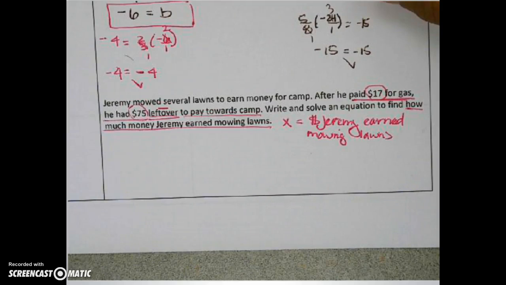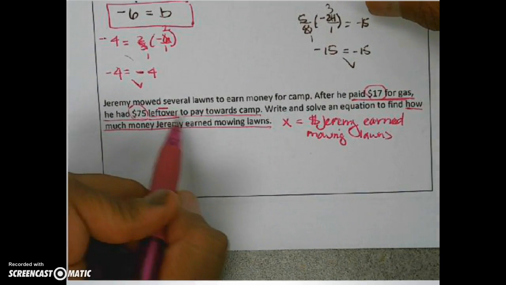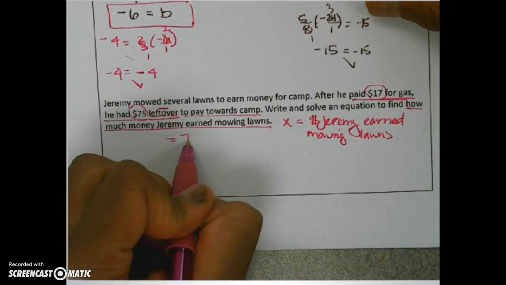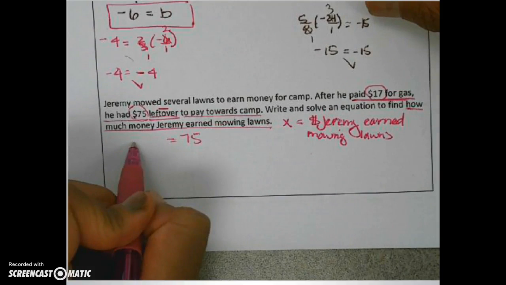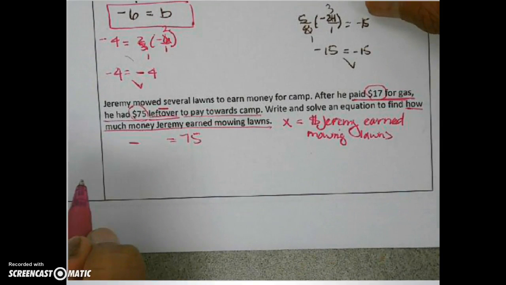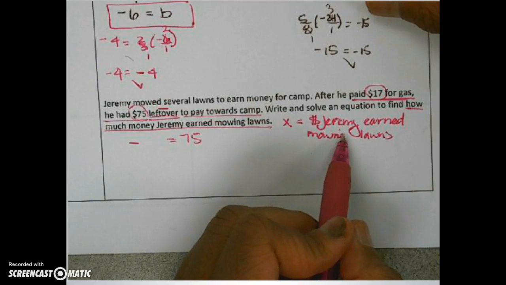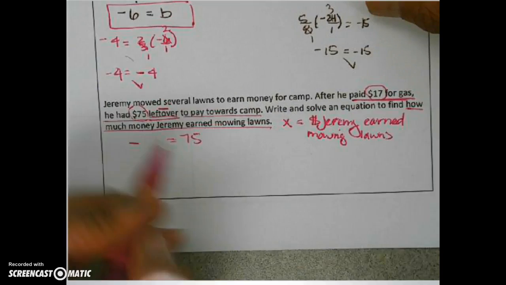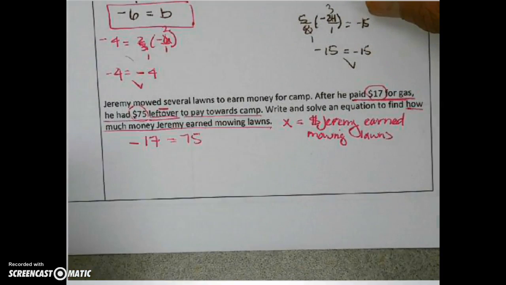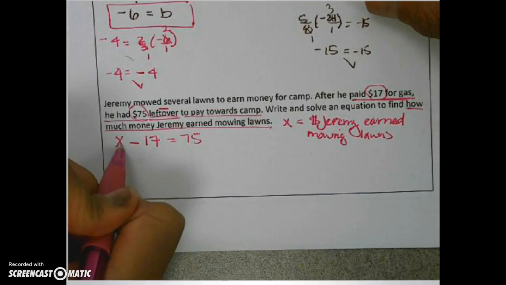All right, so what's our situation? Well, we know that he had $75 left over. So something equaled $75. Well, what? Well, we know that leftover means that we had to subtract. And what did we have to subtract? Well, how much he earned is how much he earned. But he also had to pay that $17 for gas. So whatever he earned, he had to subtract $17 from that because that's how much he paid for gas. And so X is how much he earned.